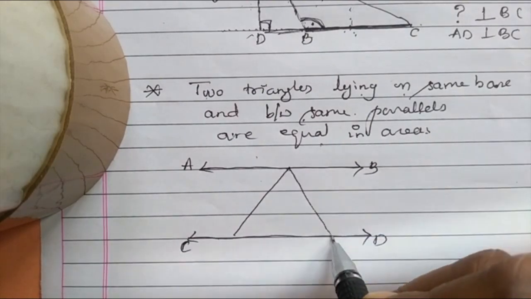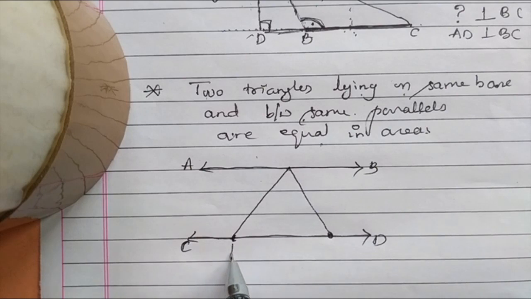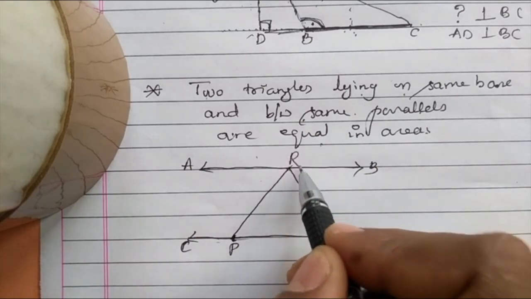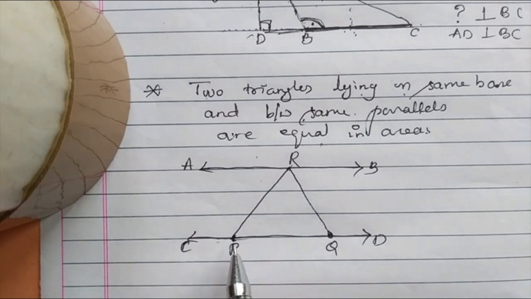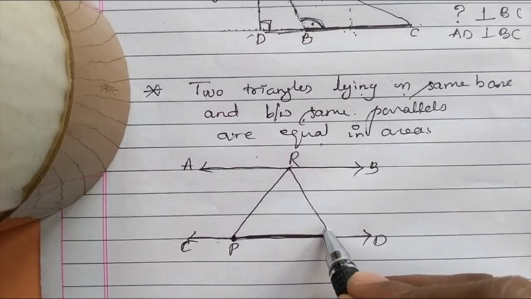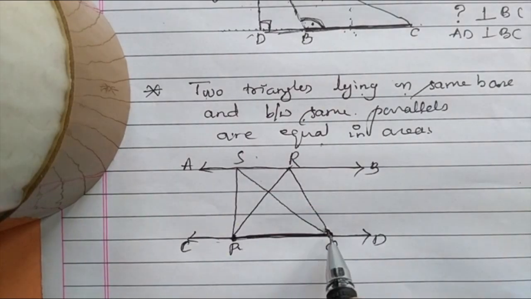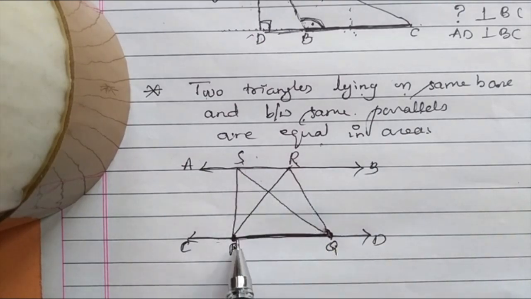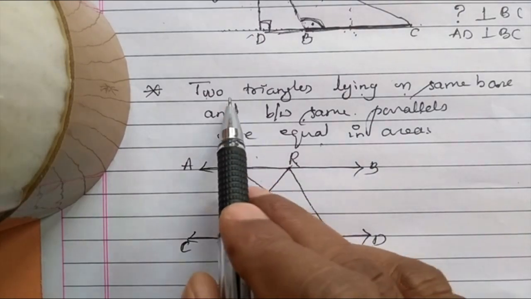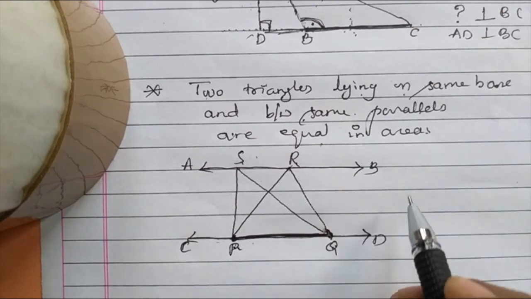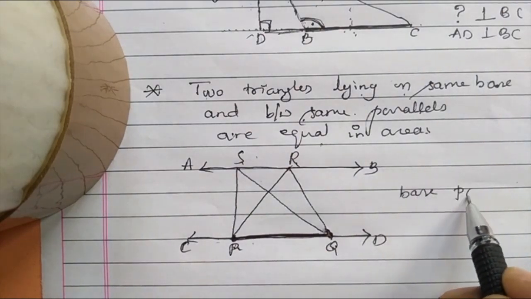Mark 2 points on CD as P and Q. On PQ, draw a triangle PQR. PQ is base, PQR is a triangle. Take same PQ as base, draw one more triangle PQS. Look at PQR and PQS triangles lying on PQ. That means two triangles are lying on same base. Here same base is PQ.